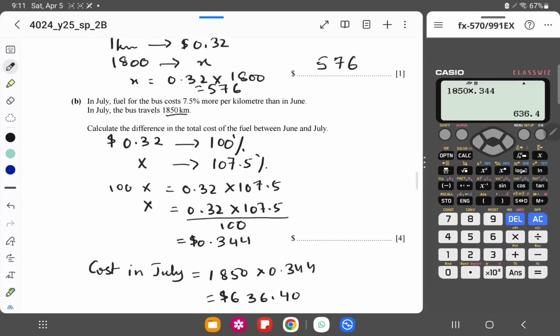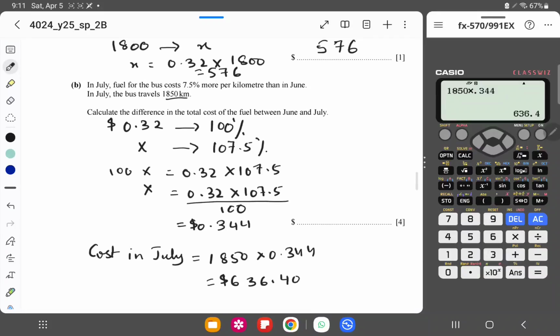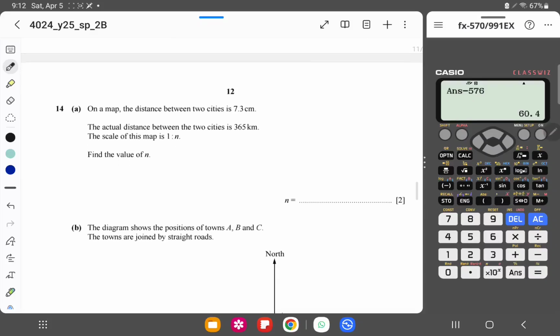We already know that the cost in June was 576. They're asking us to find the difference. Difference in the cost is 636.40 minus 576, which is equal to $60.40. That is the difference in cost when the amount increased by 7.5%.